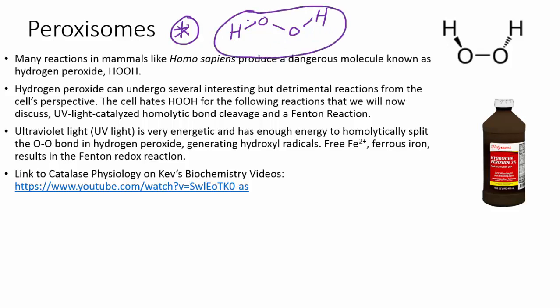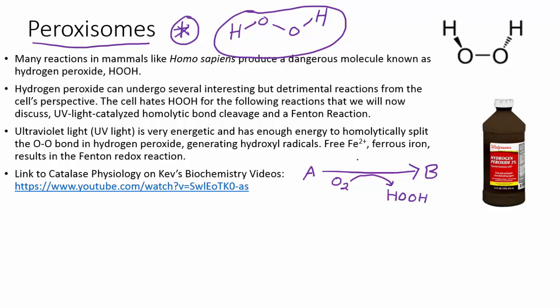One of the things that your cell actually does is it has an organelle called the peroxisome that basically puts a lot of the enzymes that produce hydrogen peroxide in it. So let's say you have some generic reaction, you have substrate A, and it goes to a product B, and in the process, let's say it uses molecular oxygen as a substrate, which it often does, and then out of it you get this hydrogen peroxide.